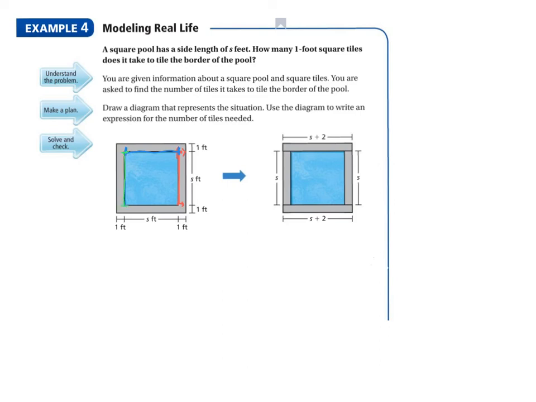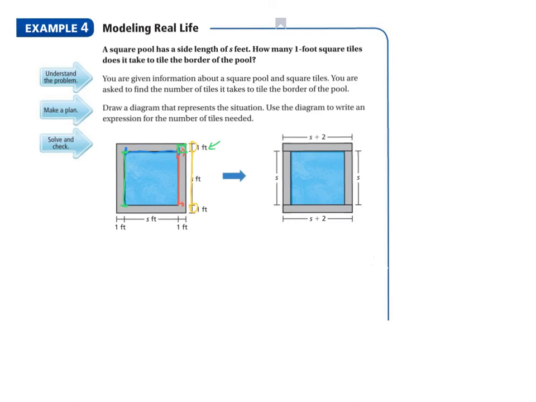And they ask how many 1-foot tiles does it take to border the pool. So they're showing us here that this is a square foot, right? So how many of these is it going to take? Well, right here we have s, and then we have one up here and one down here, and we have the same on the bottom.